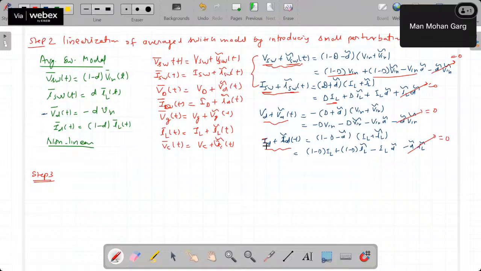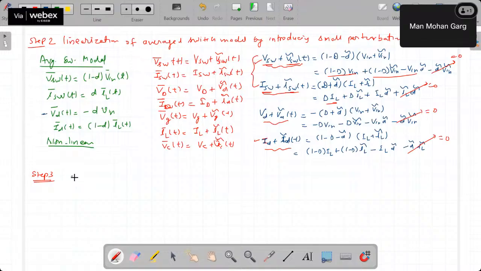If we are taking voltage for the switch, then we will take current for the diode. If we are taking the current for the switch, then we will take voltage for the diode. So let us take voltage for the switch and current for the diode. So what was our original circuit?